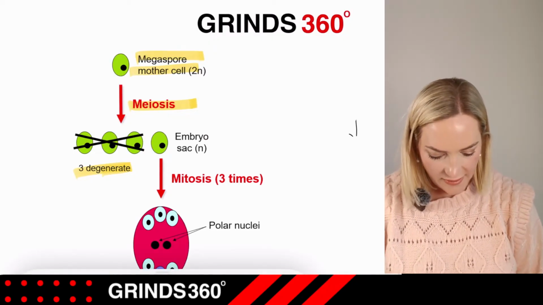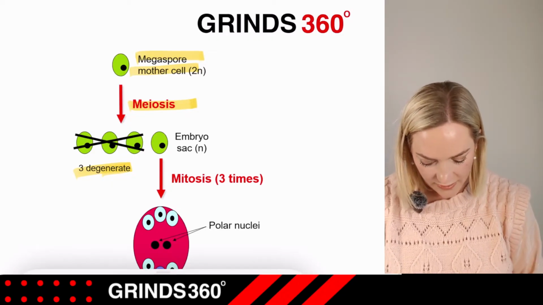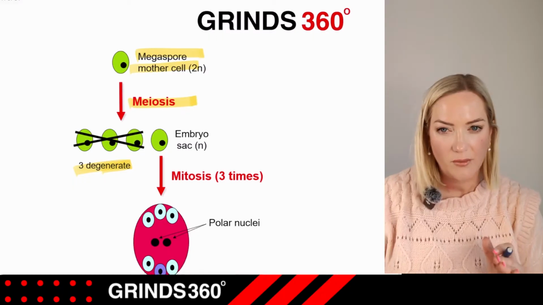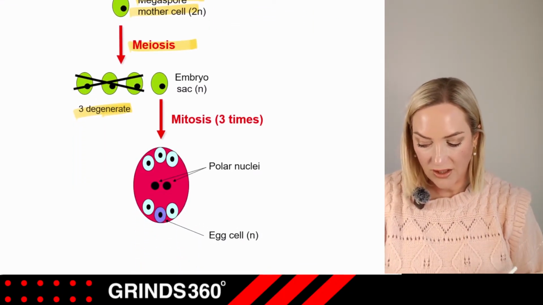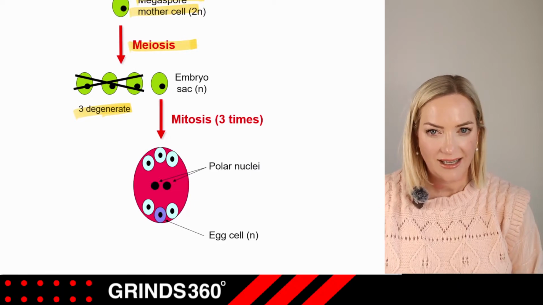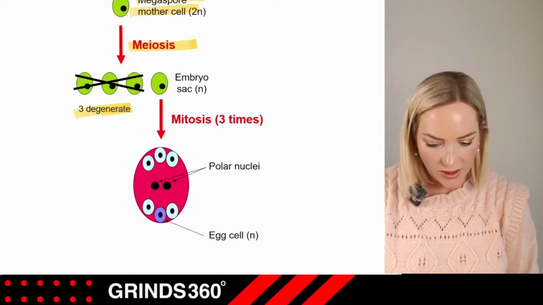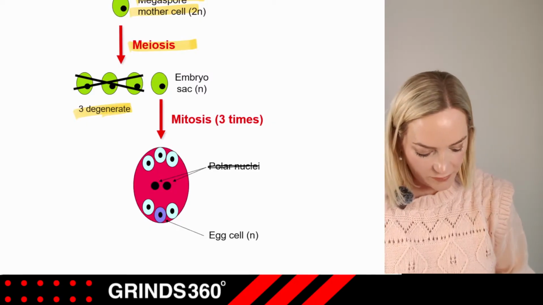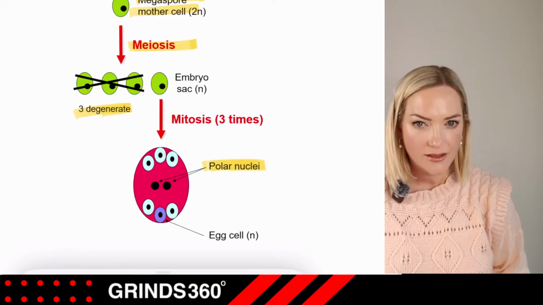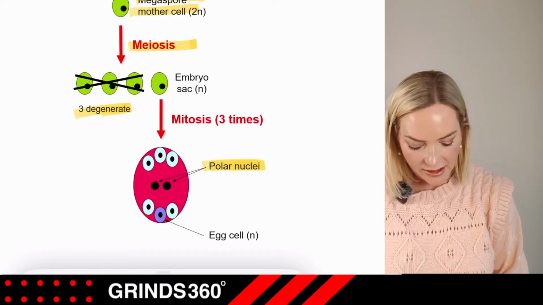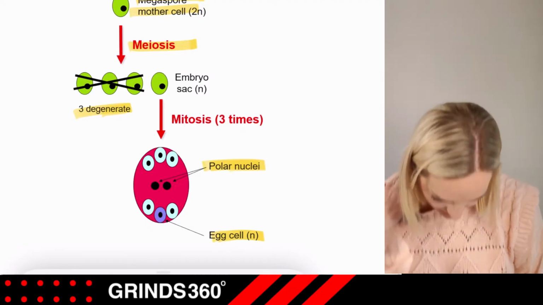Here we're going to have 8 haploid nuclei. We don't need to know about 5 of those. The ones we are concerned with are the 2 polar nuclei in the center, which are haploid, and our egg cell down here in the center, which is haploid.